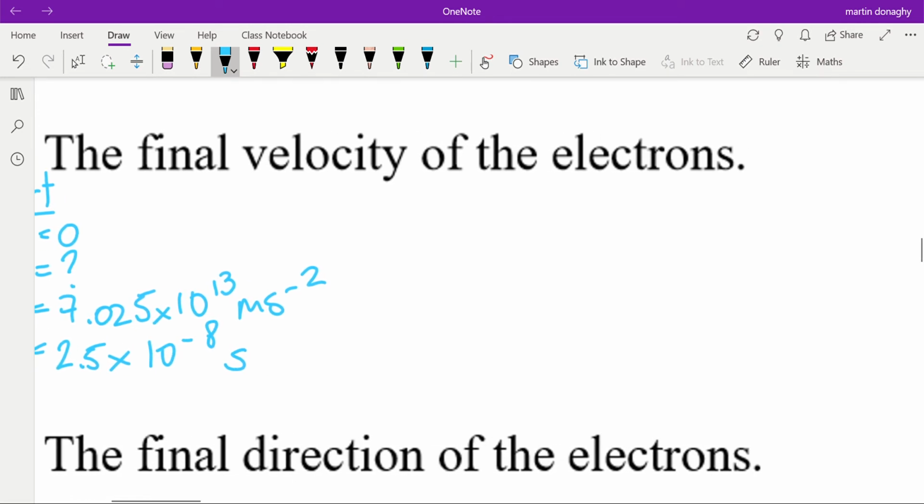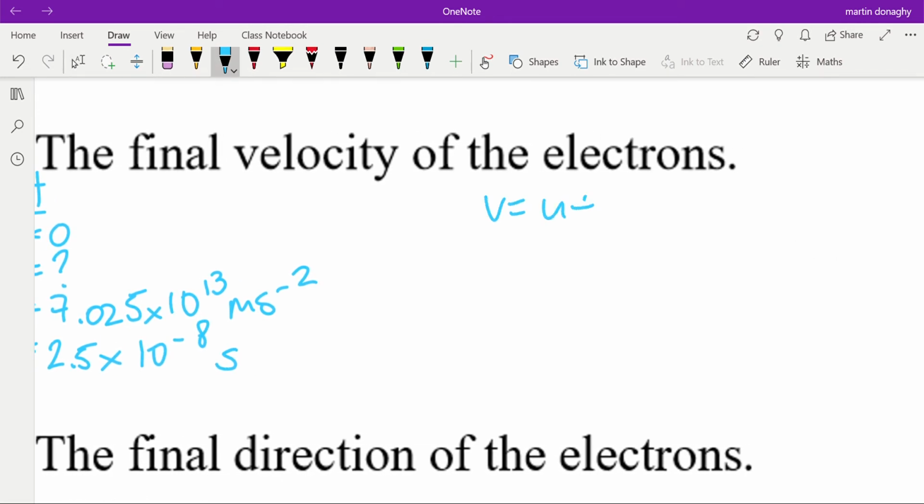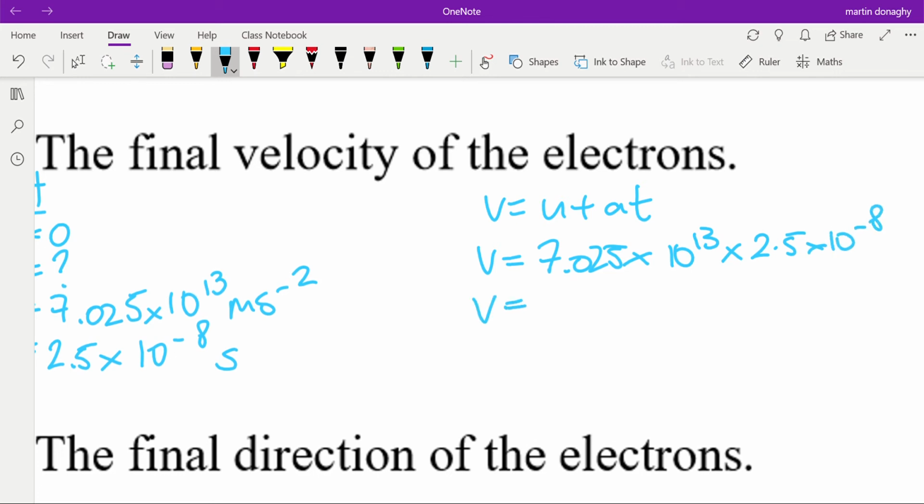So we simply use v equals u plus at, v equals 0 plus your acceleration multiplied by the time, and it gives you 1.756 by 10 to the 6.